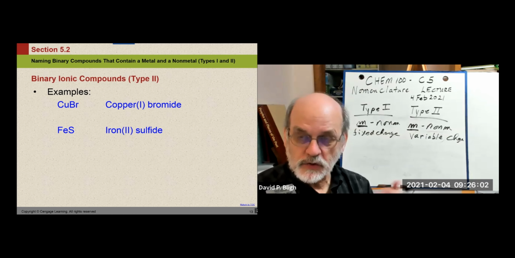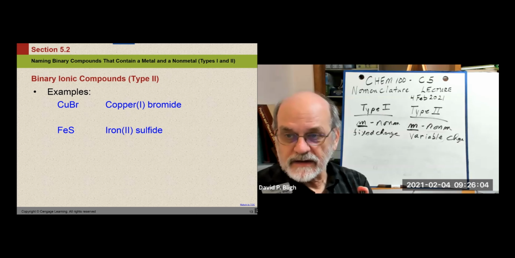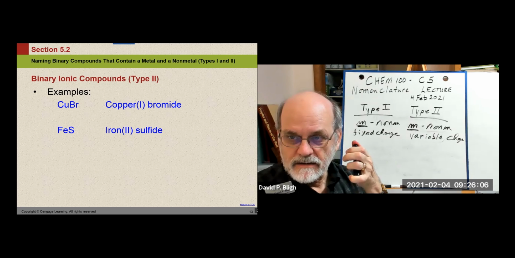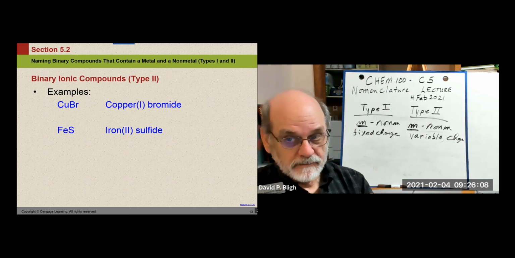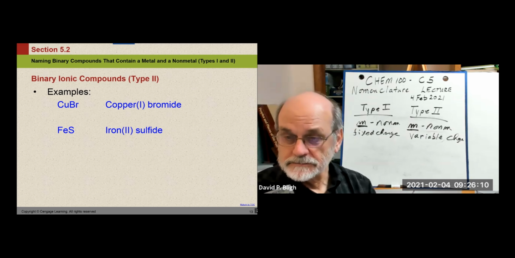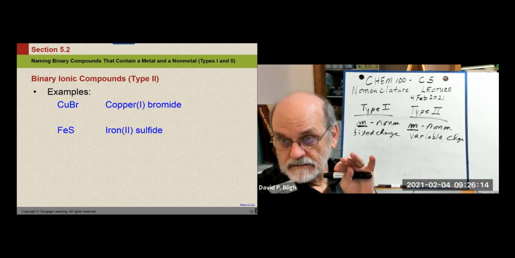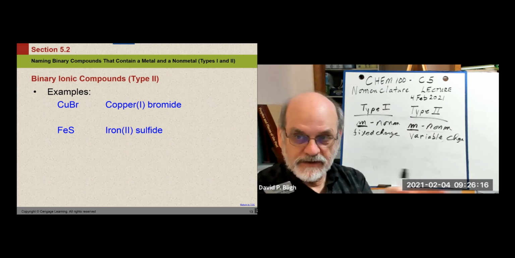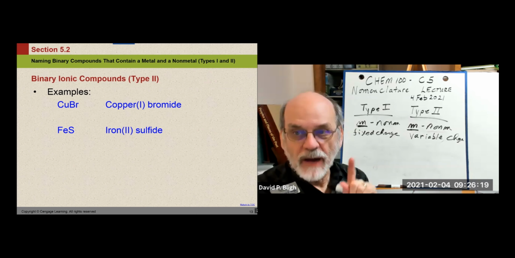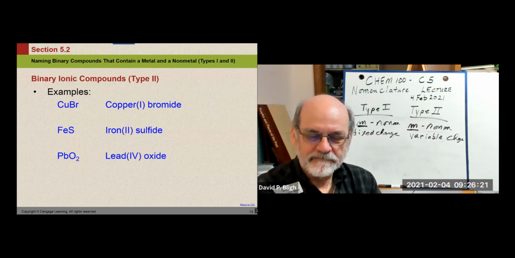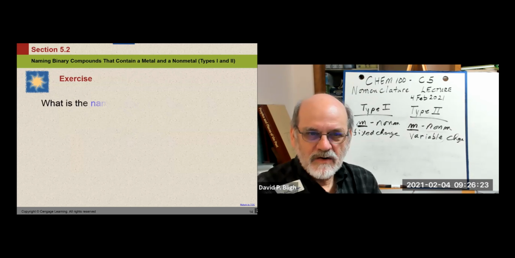So it always has a 2- charge when it's in an ionic compound, type 1 or type 2. Now, if we put sulfide in a type 3 compound, that's another discussion, and it's coming.